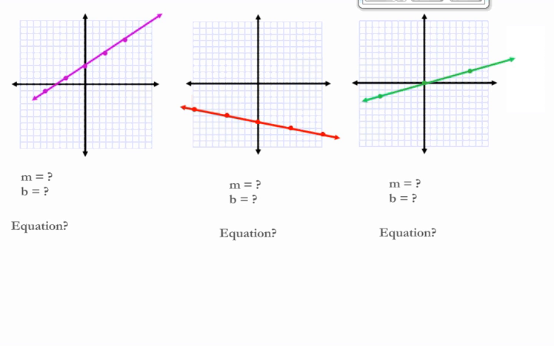We can also find our m and our b from an equation that's graphed. M, you already should be comfortable doing. Pick your 2 points, count up or down first, 1, 2, and then over to the right, 2. I'm going to leave it as 2 over 2. You could also write 1. The b value.